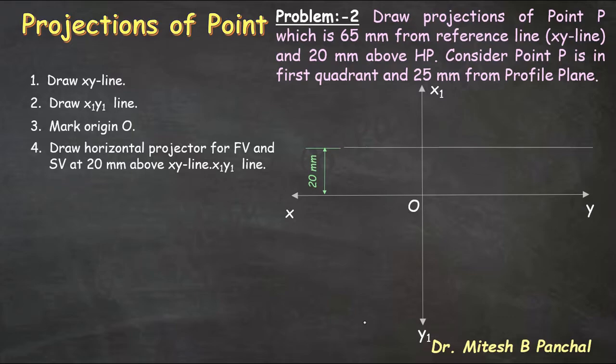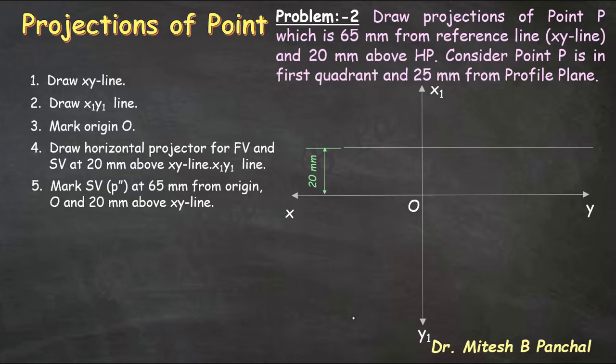This we know, the position of point P is 20 mm above HP. So we can have the horizontal projector for front view as well as side view at a distance 20 mm. Now mark the side view. Here the position of side view is clear, so we can mark it.